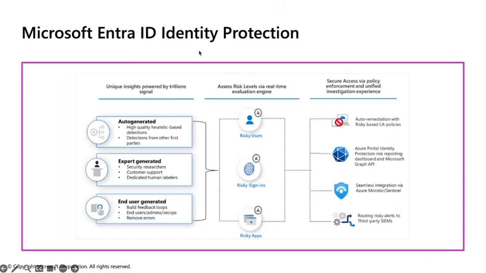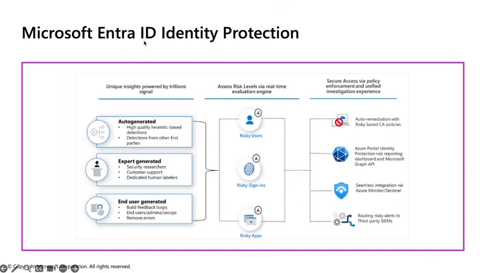This is a very advanced feature in Azure that detects any kind of unexpected behavior related to your identity, attacks, and many other things. Whatever detections we have here, we can attach them with conditional access.